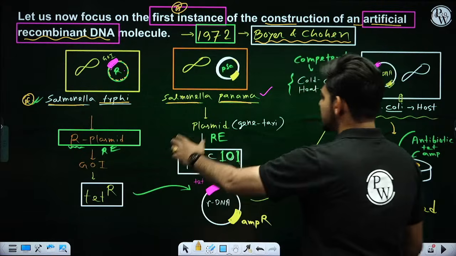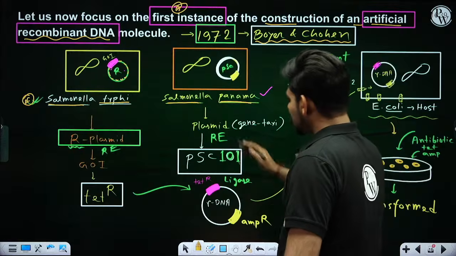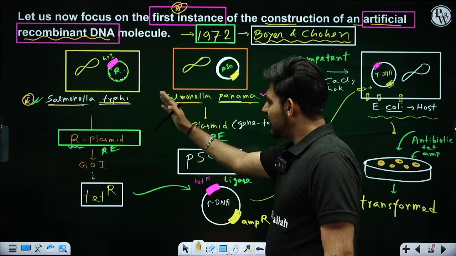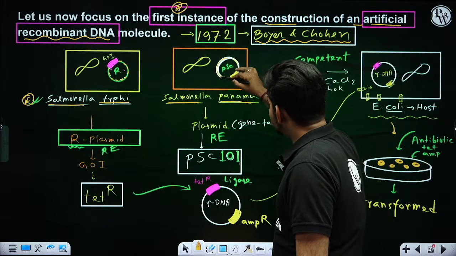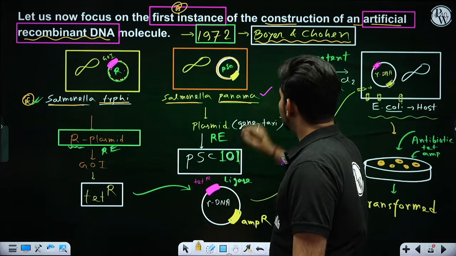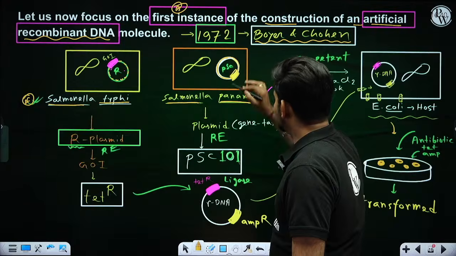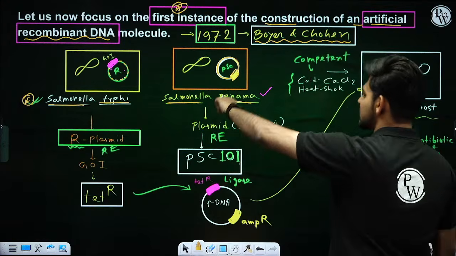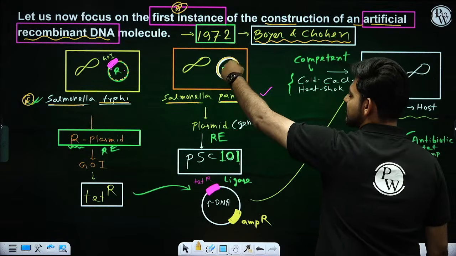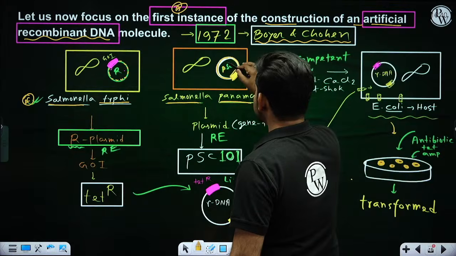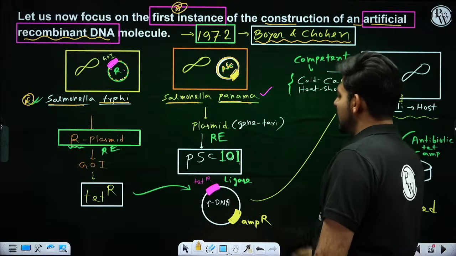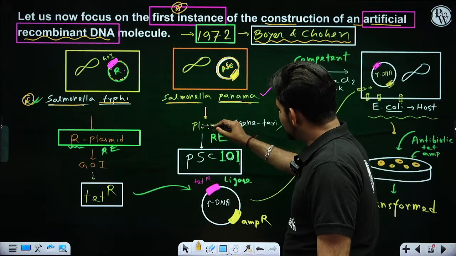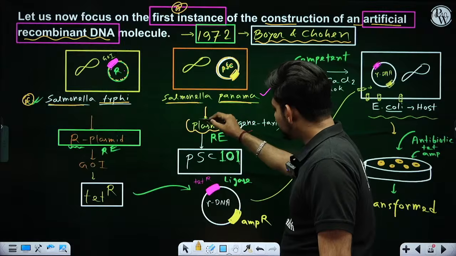This Salmonella Panama contained a plasmid known as the PSC plasmid, plasmid of Stanley Cohen. Now they took out that plasmid from Salmonella Panama.